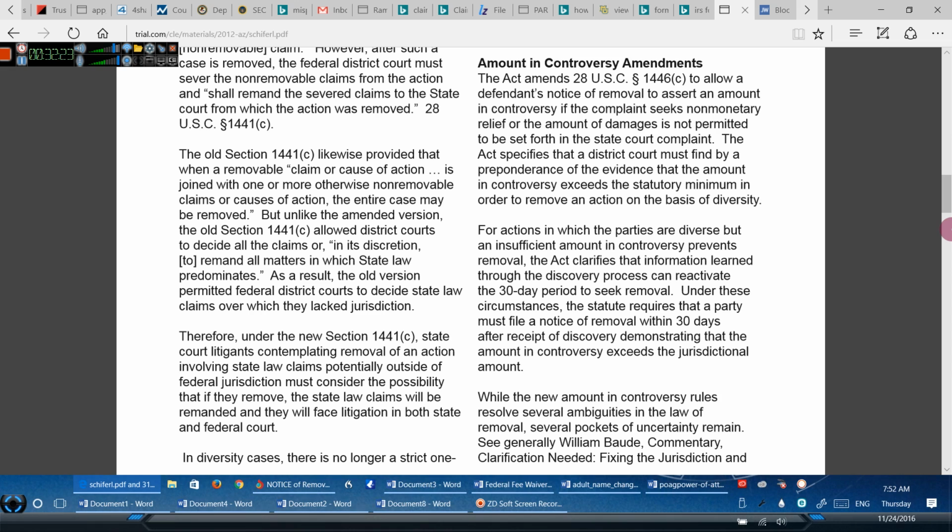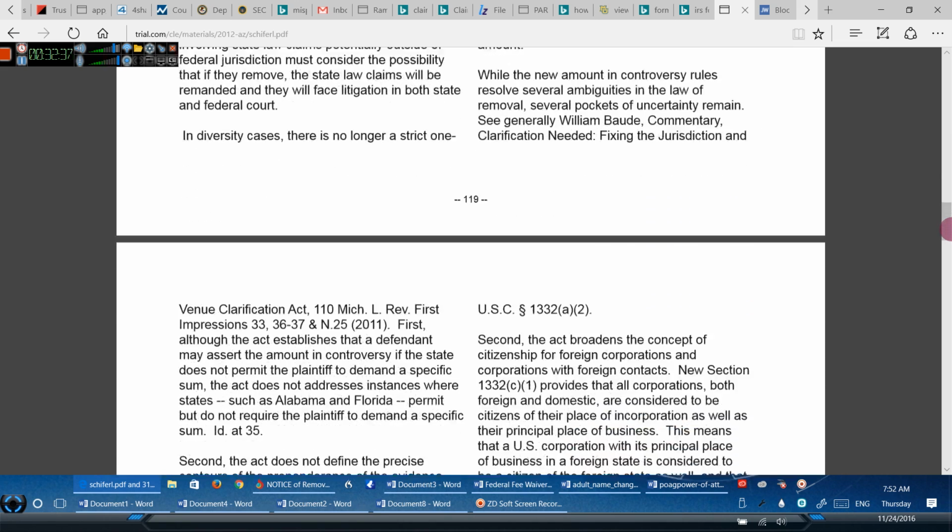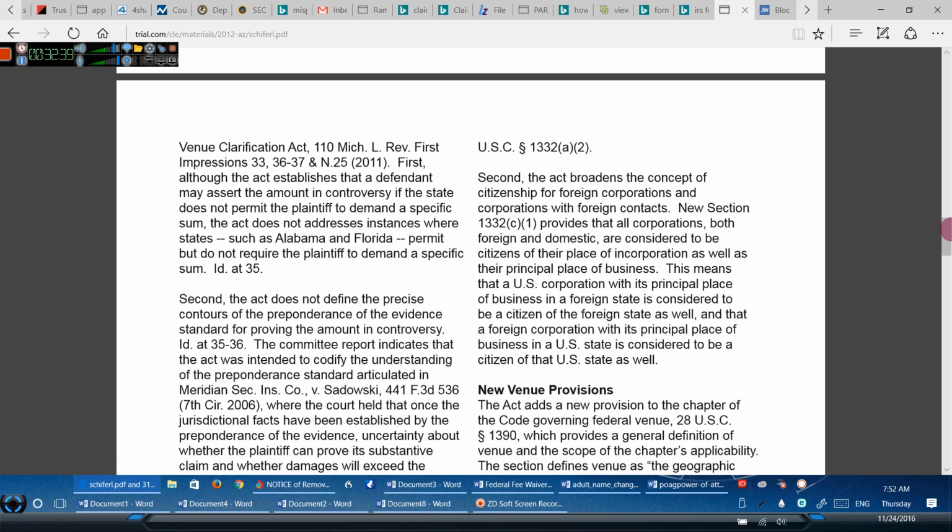The act specifies that a district court must find by a preponderance of the evidence that the amount in controversy exceeds the statutory minimum in order to remove the action. Statutory minimum is $75,000. Three times the amount of the value of the property. That's your statutory minimum. Excess is the value of the property.